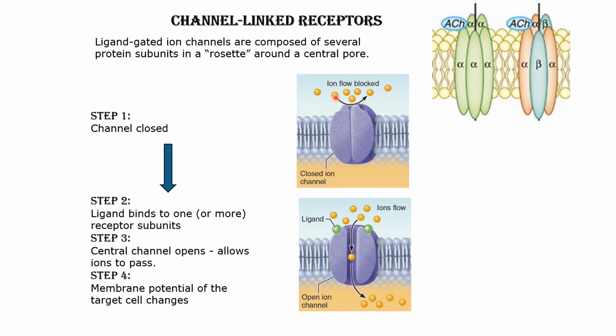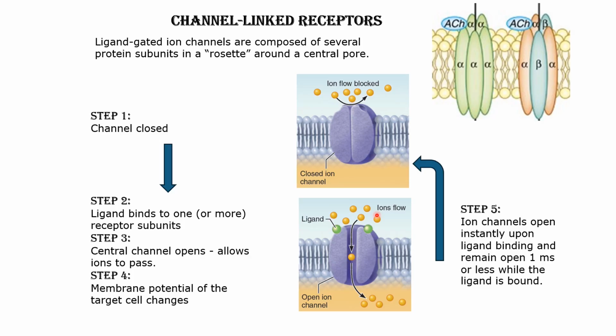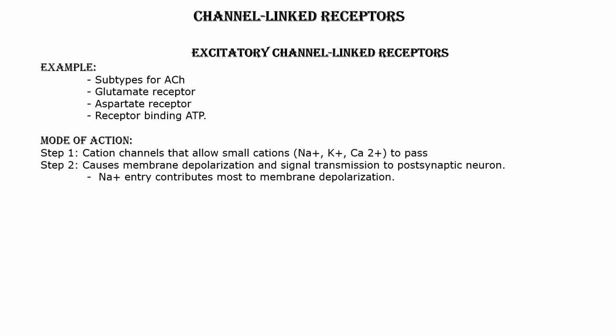When a neurotransmitter binds to a closed channel-linked receptor, upon ligand binding, the channel opens, allowing the passage of ions across the membrane, and this leads to a change in the membrane potential. The ion channels open instantly and they remain open for 1 millisecond or less while the ligand is bound. These channel-linked receptors can either be excitatory or inhibitory.